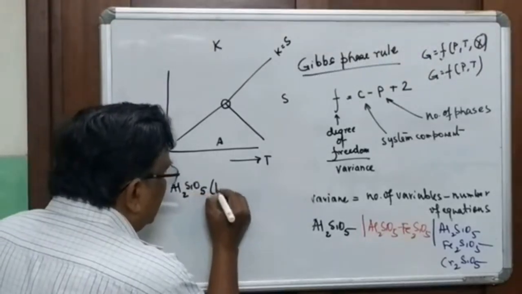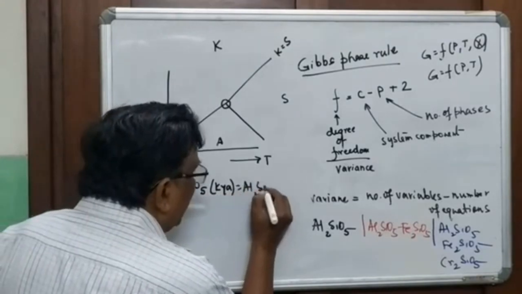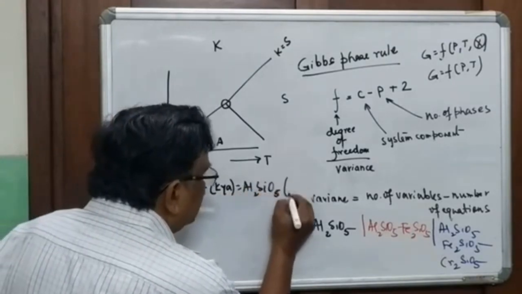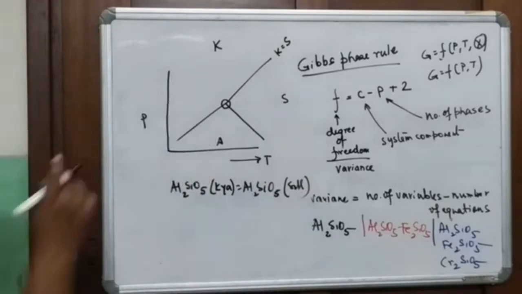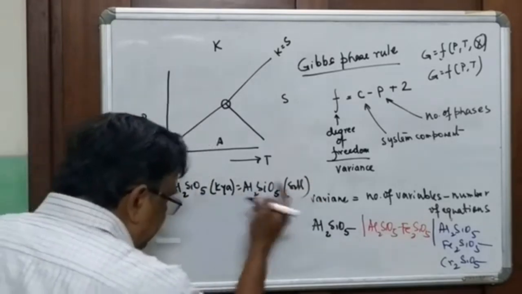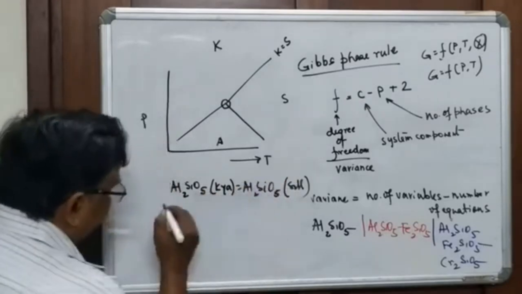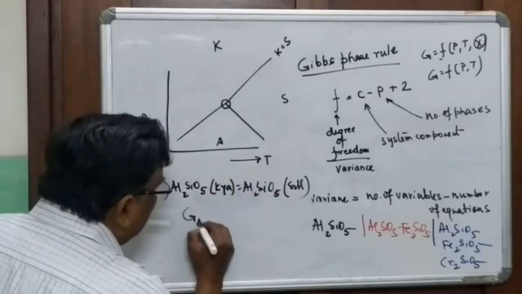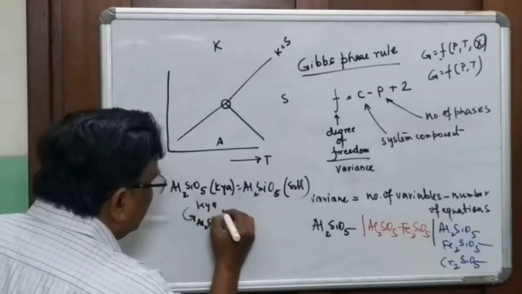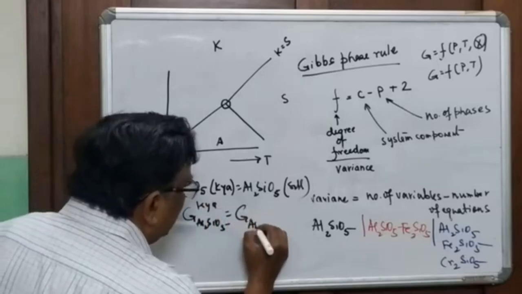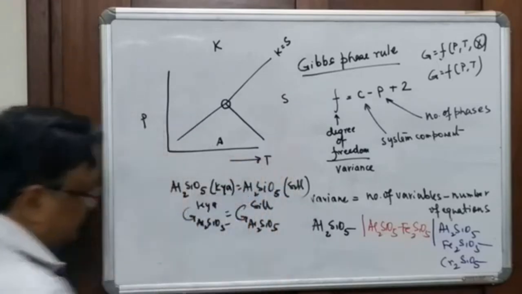Al2SiO5 kyanite is equal to Al2SiO5 sillimanite. That's the reaction. So if you know this, then you should know that at equilibrium, G of Al2SiO5 in kyanite is equal to G of Al2SiO5 in sillimanite.